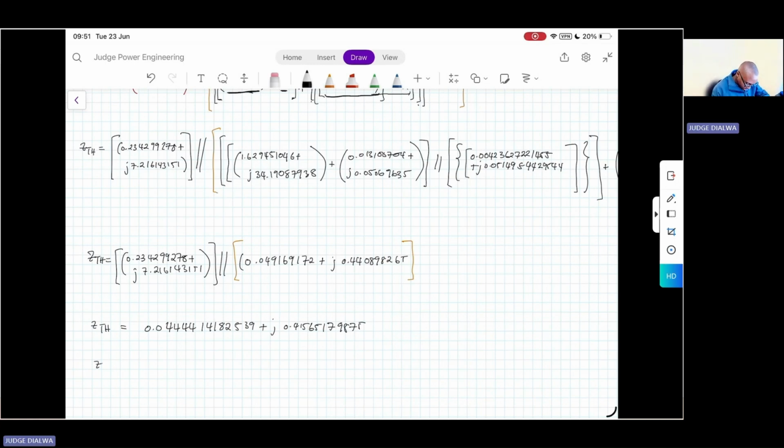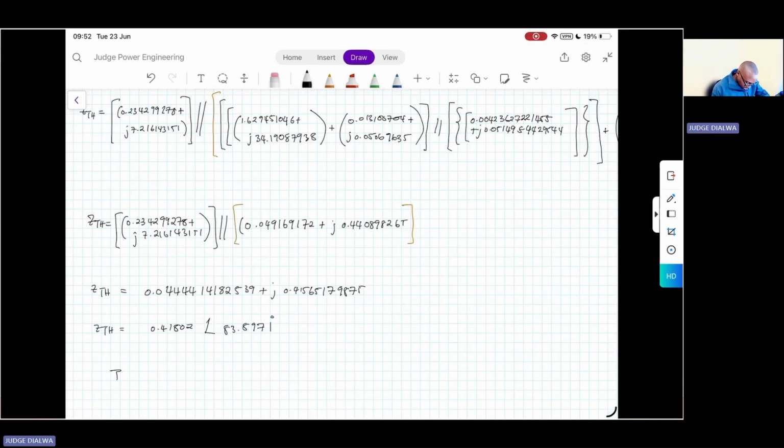And to get the magnitude, the polar representation of that will be 0.41802 at an angle of 83.8971 degrees.